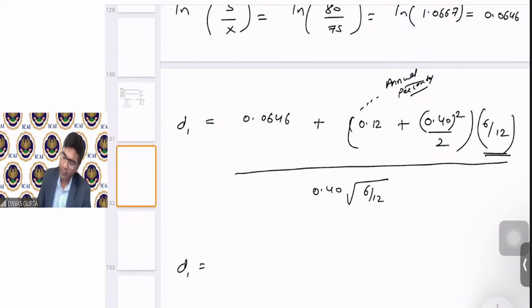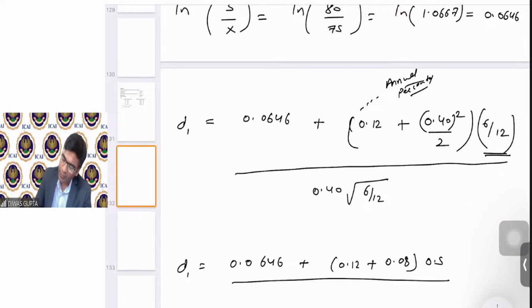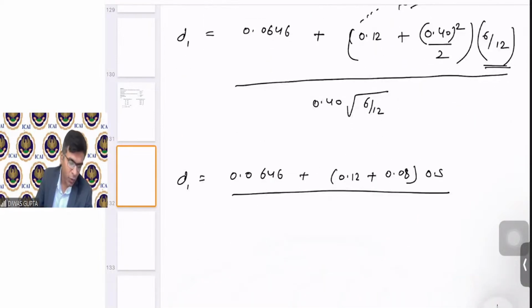Let's calculate D1. 0.0646 plus 0.12 plus 0.08. Let's keep on calculating this, right? Multiplied by 0.5, divided by 0.40 into, if I do that, then it becomes 0.2828.